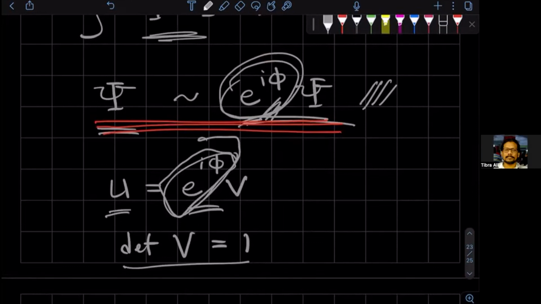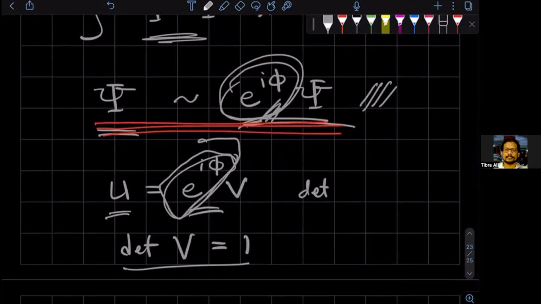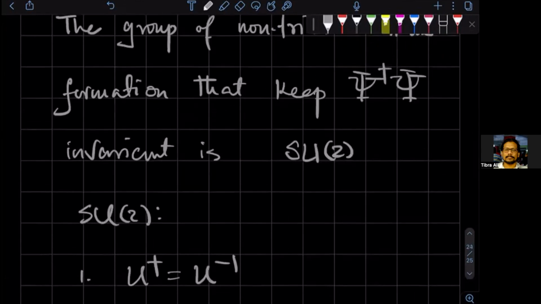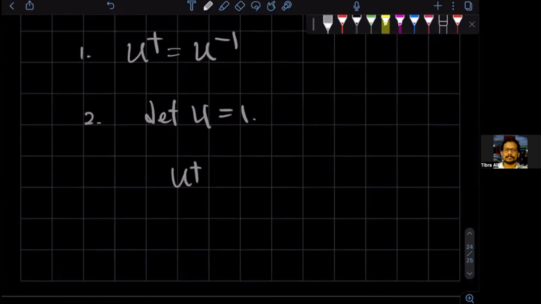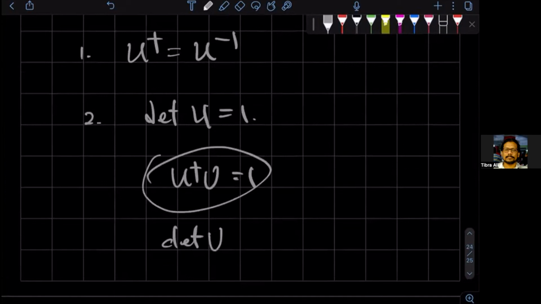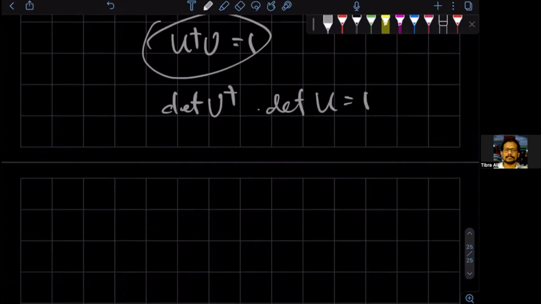If you look at the original condition U dagger U equals 1 and take the determinant of that, then we have determinant of U dagger times determinant of U is 1.